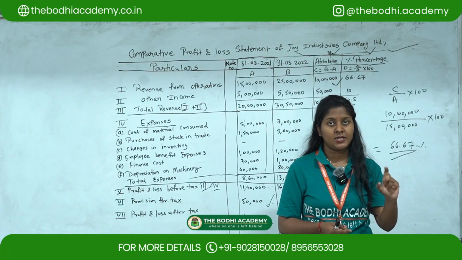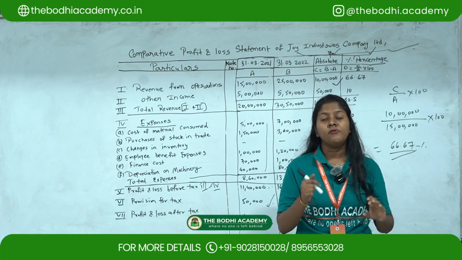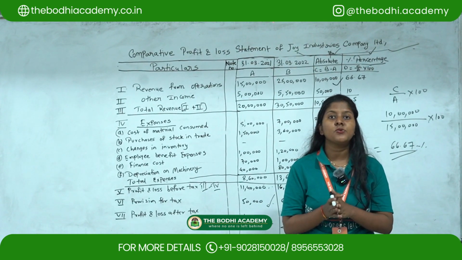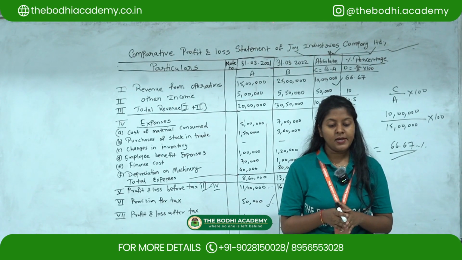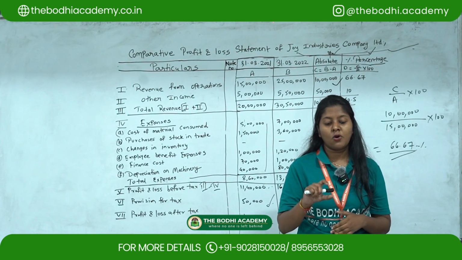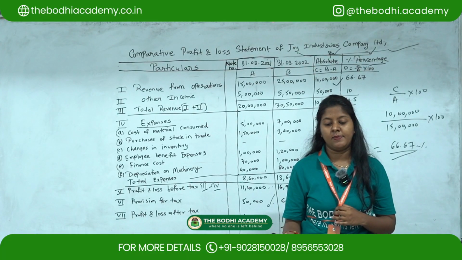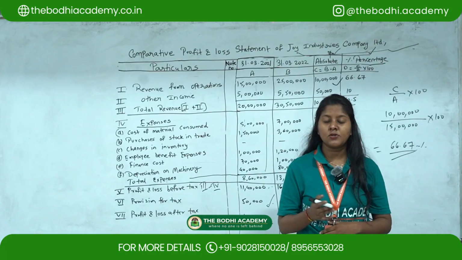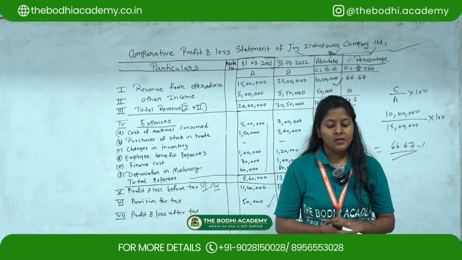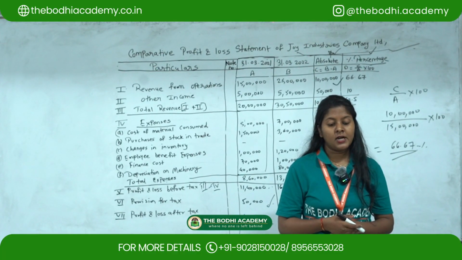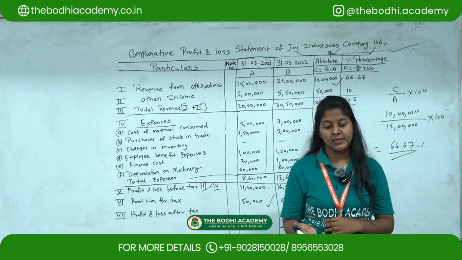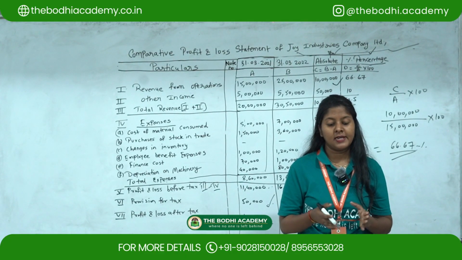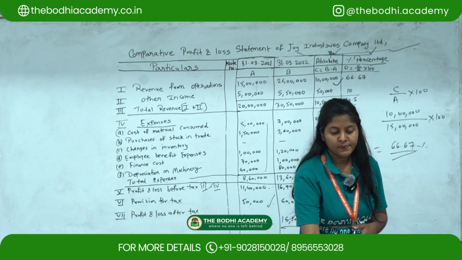In comparative, we compare the trends, we subtract and then find out the percentages. But with regards to the common size statement, we express all items of financial statements as a percentage of some common base. So here the correct option is common size statements. The other options given here are trend analysis, comparative statement, and cash flow statement. So here the third option is correct, that is, common size statement.